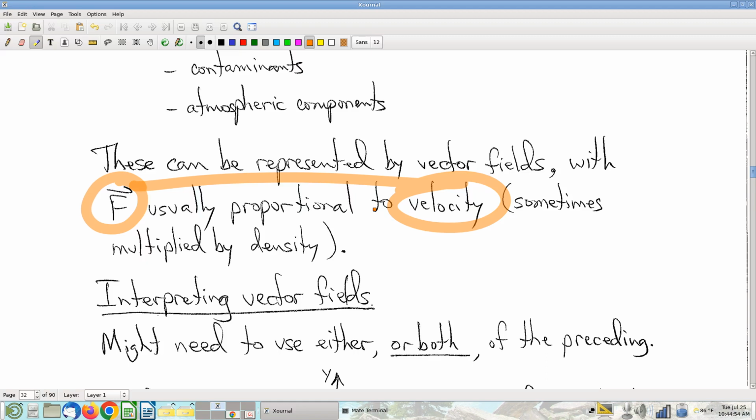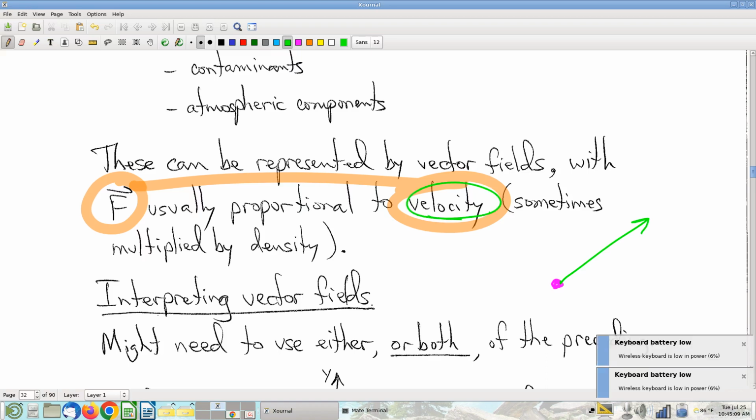The believable reason for why we would want to associate velocity is because if you have a point and you want to describe how a fluid is flowing, well, the velocity is a pretty good way to describe the motion of that fluid. Right?